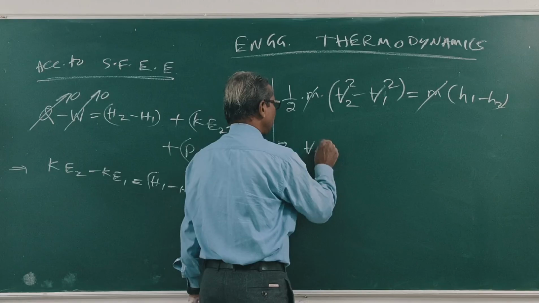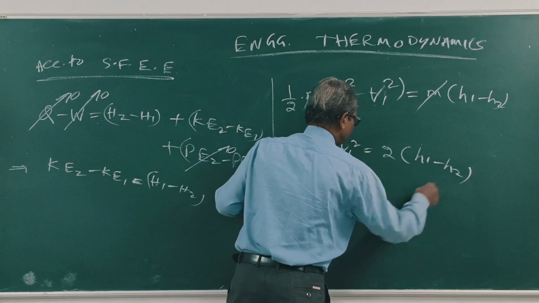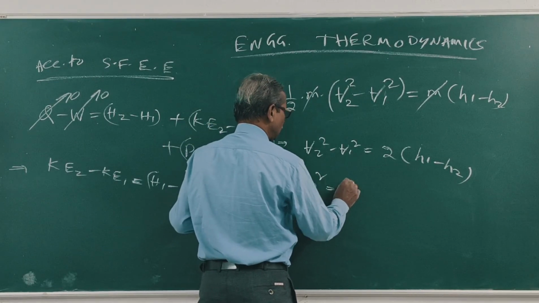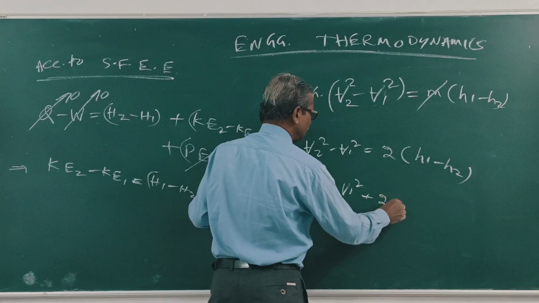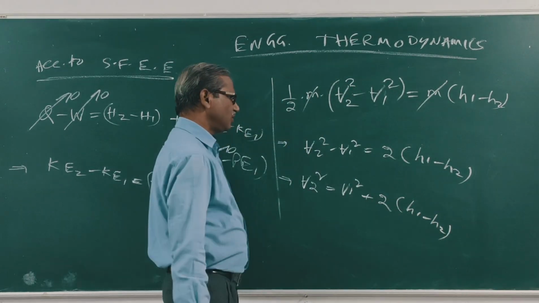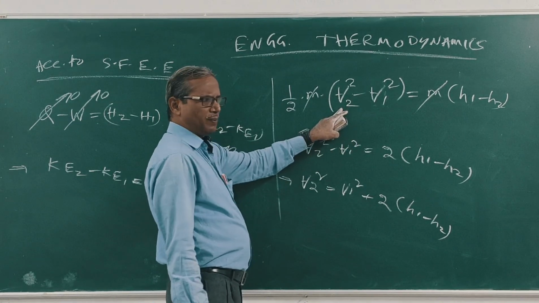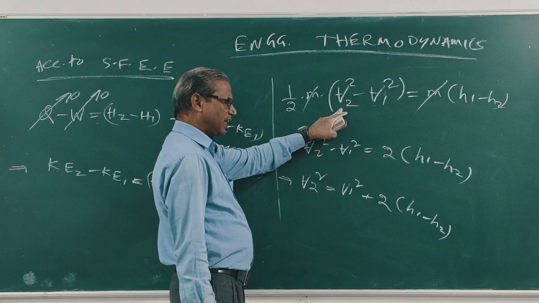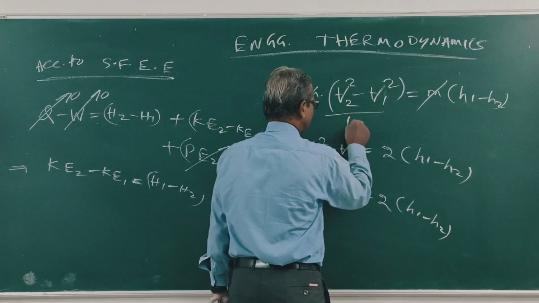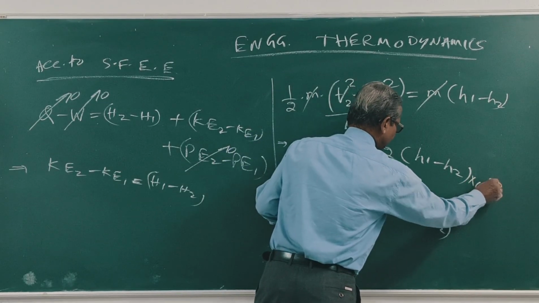Now, V2 square minus V1 square is equal to 2 into H1 minus H2. This implies V2 square is equal to V1 square plus 2 into H1 minus H2. Always enthalpy is in kilojoule, and half m v square is in joule, so it is better to divide by 1000. Clear? This is into 10 to the power 3.